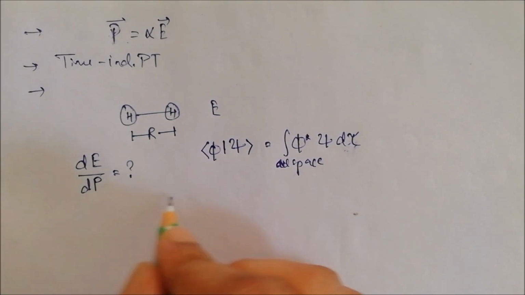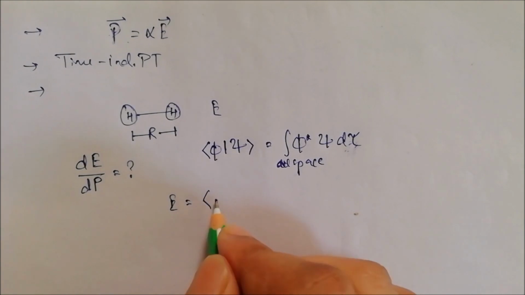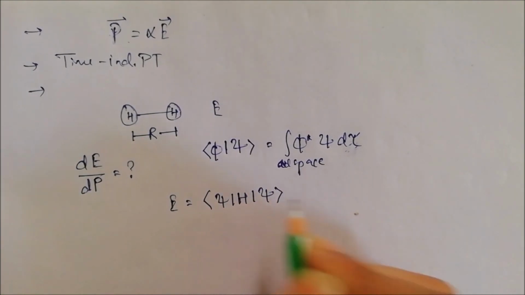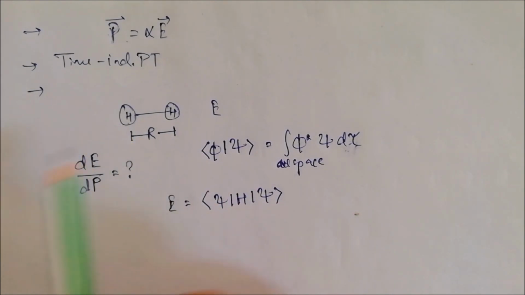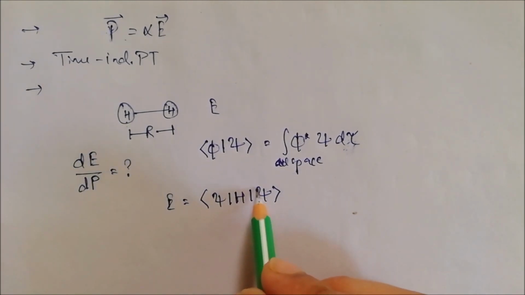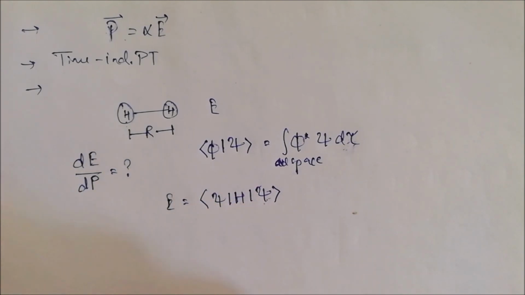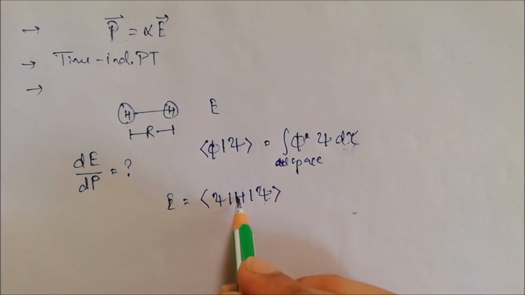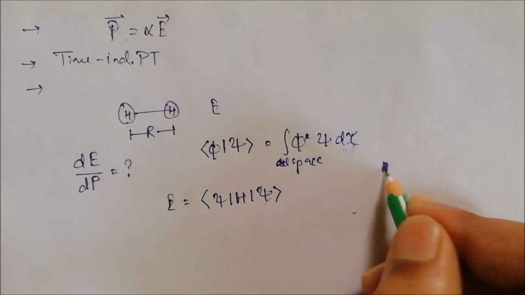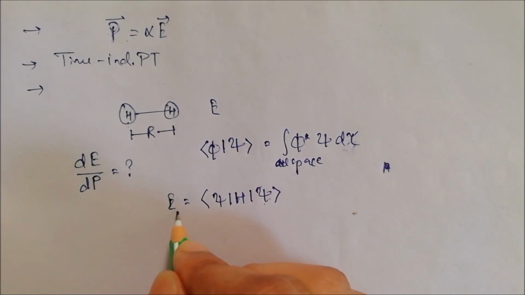The energy, as we know, is just the expectation value of our Hamiltonian. Now suppose this hydrogen molecule is in one of the eigenstates, like the ground state. The ground state wave function is an eigenfunction of this Hamiltonian, so this will give the ground state energy.